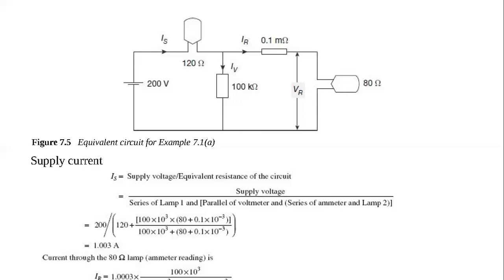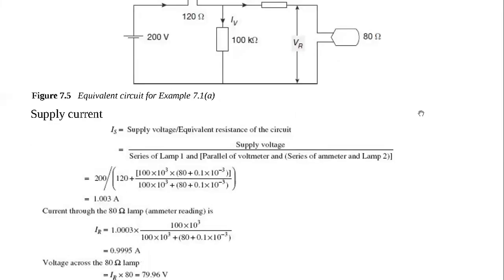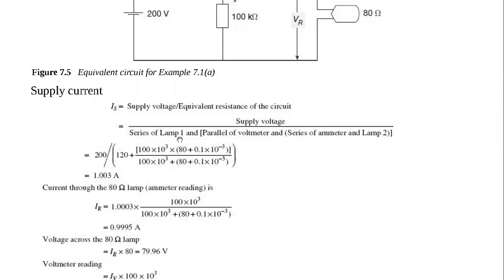So we are going to find the effective resistance, and whatever you get as the effective resistance across this loop, you add it to 120, and that is calculated here: 120 plus all of this.